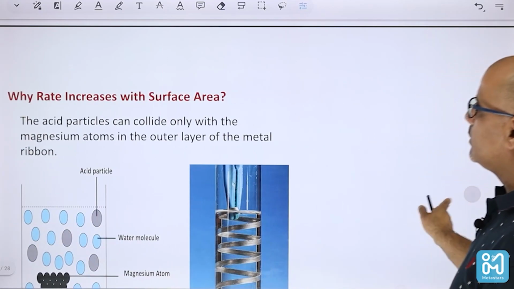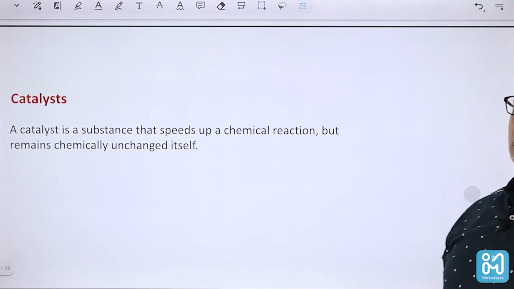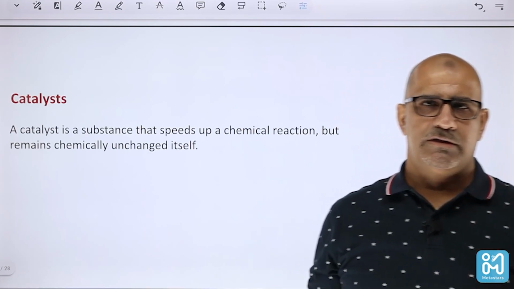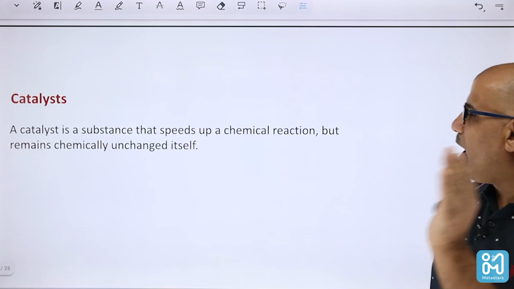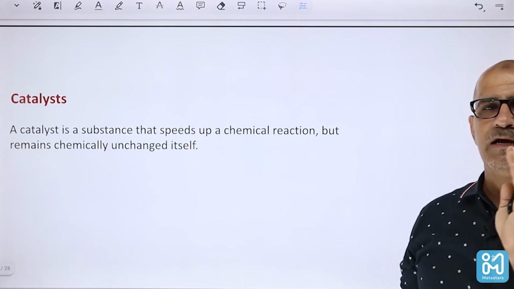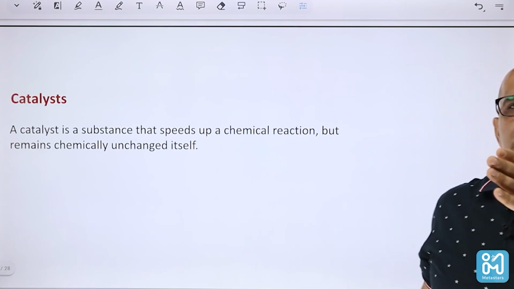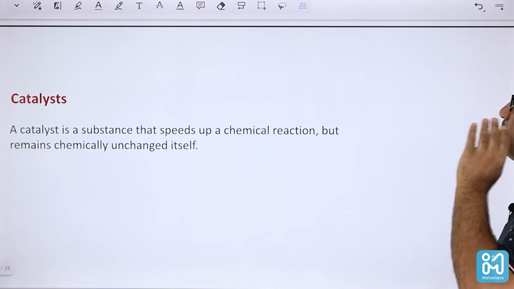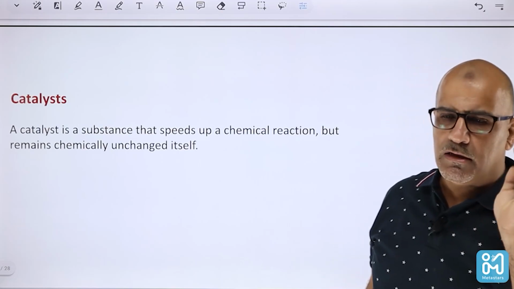Okay? We explained the surface area. Now, what is the role of the catalyst? Again, the catalyst is defined as a substance that speeds up the chemical reaction without being changed, remaining chemically unchanged.